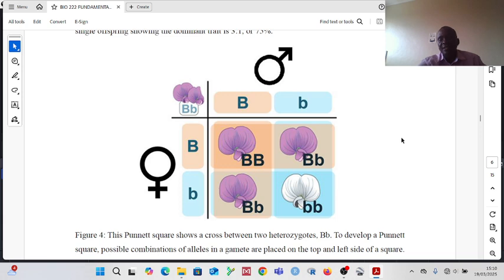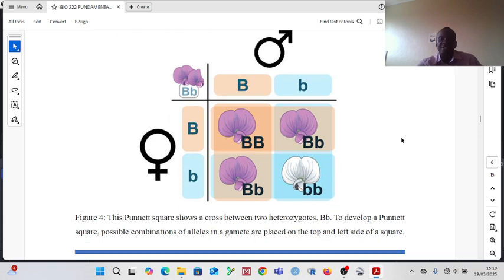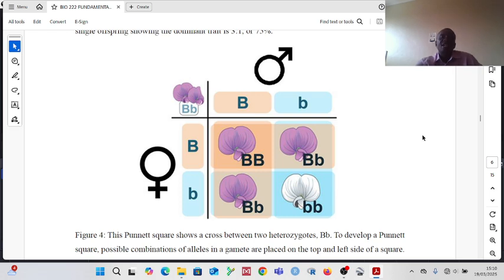So if we look at this figure 4 here on page 6, you have 2 plants that are mating. These are flowering plants. So the one that has an arrow, this is male, this other one is female. So both of them, they are heterozygotes for the trait at this particular gene.